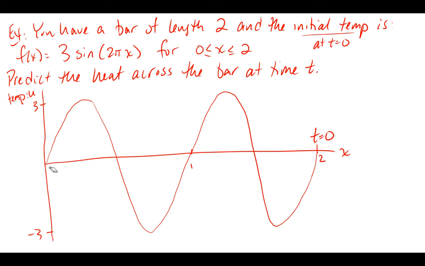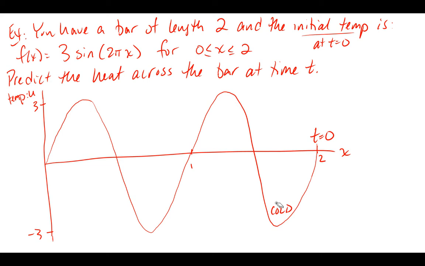Right, so this is telling you, as I go from left to right, the bar that's literally sitting on the x-axis right here, it's hot right there, really cold right there, really hot right there, really cold right there, and in between it's whatever, medium or something. This is just a temperature graph.